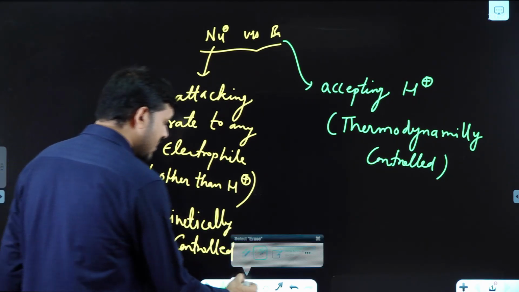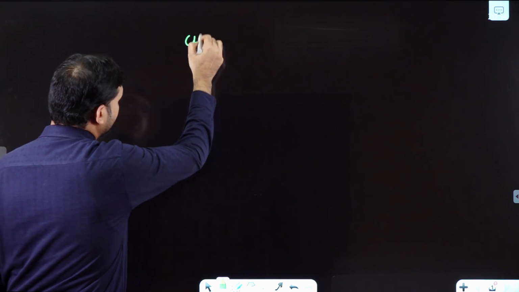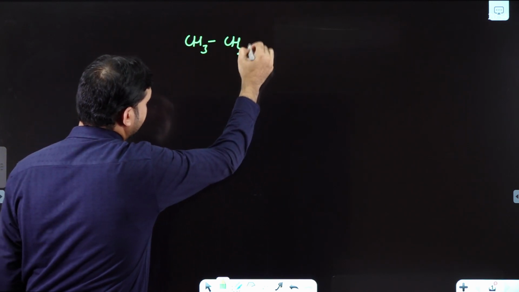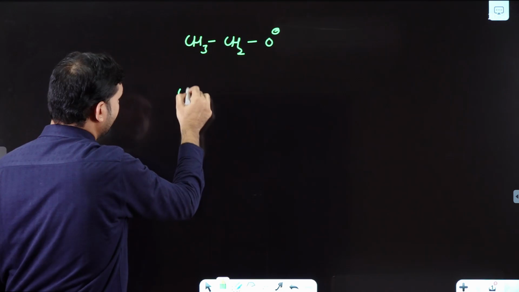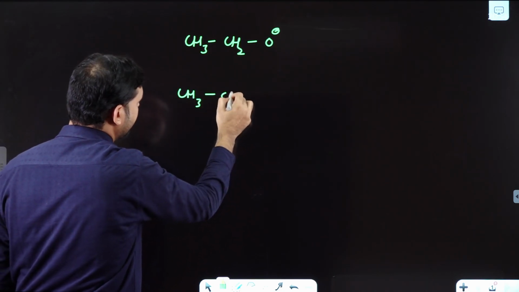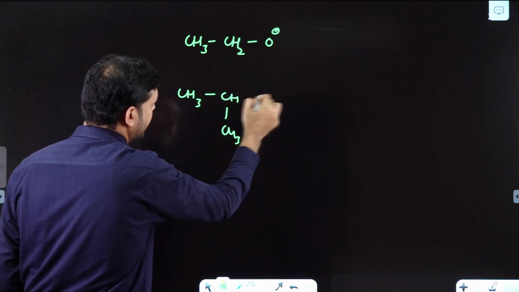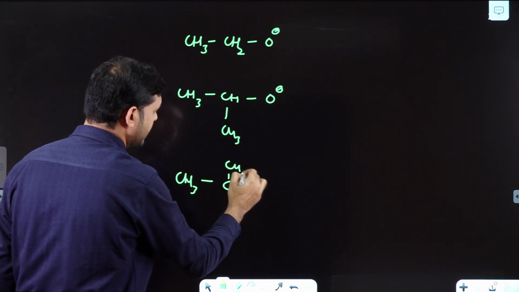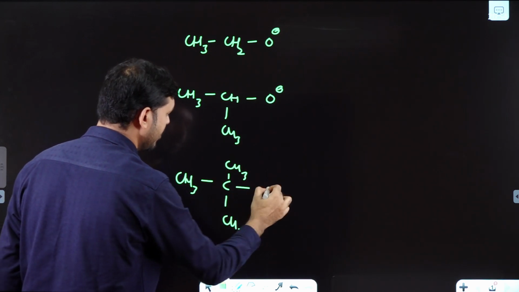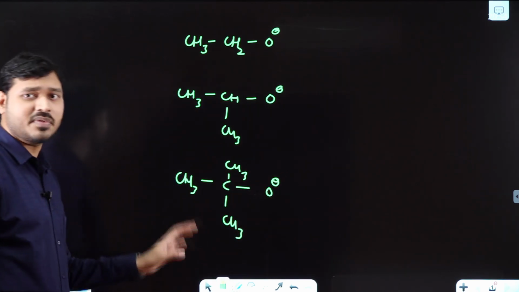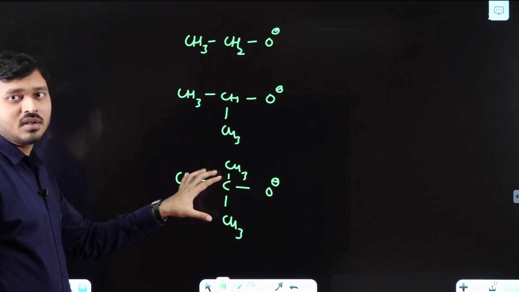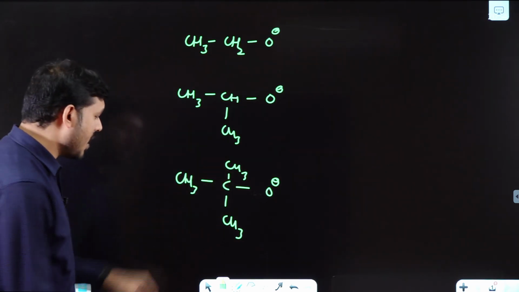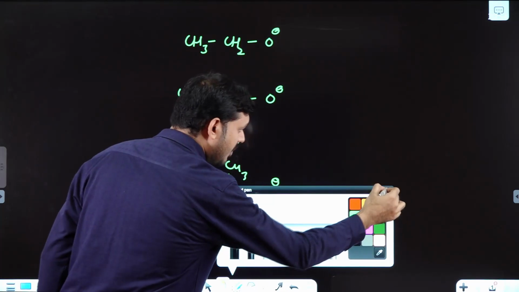So now let us understand what can disturb nucleophilicity. I'm just giving you one example: CH3CH2O minus, CH3CH(CH3)O minus, and CH3C(CH3)(CH3)O minus. First of all, dear students, this is one of the very important species which you have to recall every time.